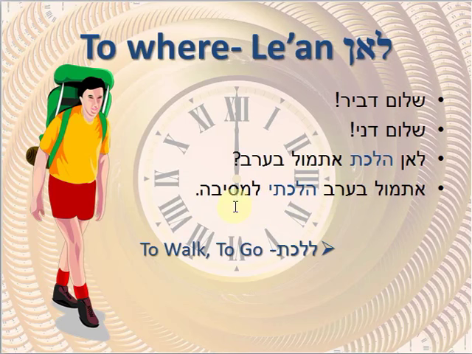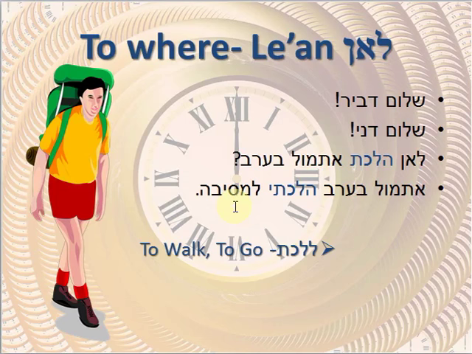Le would be a general term, to a party, not a specific one. La mesiba would be to a very specific party, a party which I've planned to attend. So we have le and we have la. In this case, we would simply say le. This is not a specific party. This is simply a party.